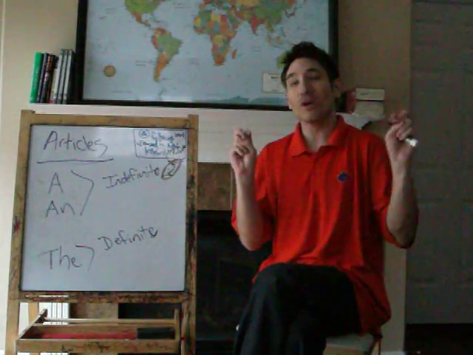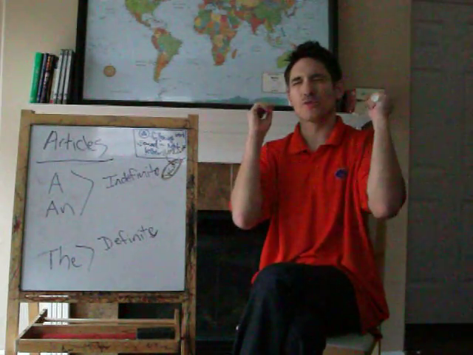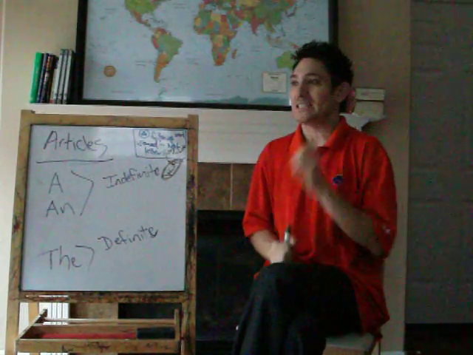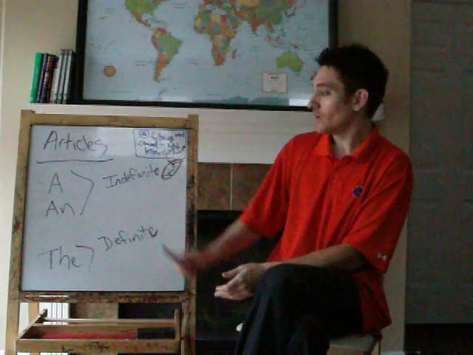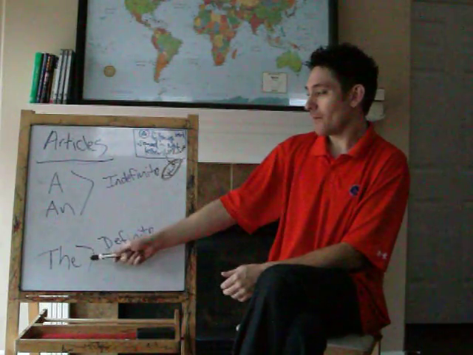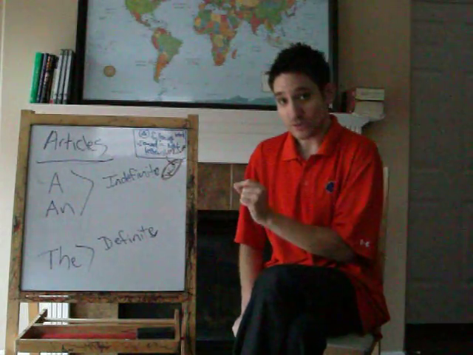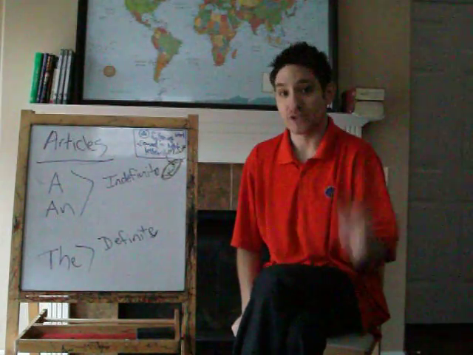So it more clearly specifies for the reader exactly who or what we're referencing. So a, an, and the are articles, but articles are adjectives.